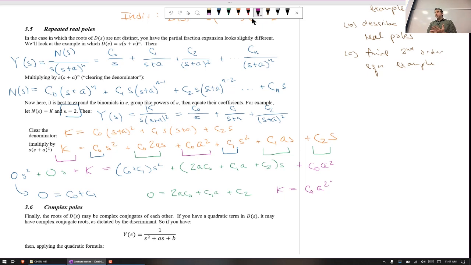So the substitution method is easy. That's what you do with individual real poles, but you just can't do that here. And so you have to do something a little bit more complicated by multiplying out all the binomials first, then grouping everything together. And you end up with these three independent equations. From there, you can solve for C0, C1, and C2 using those three equations.